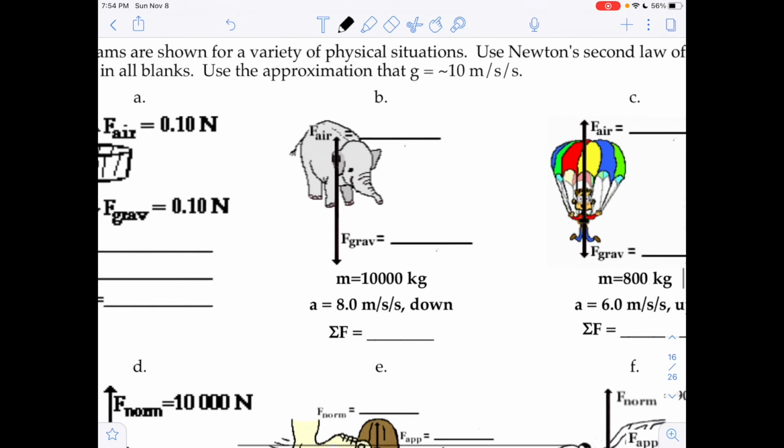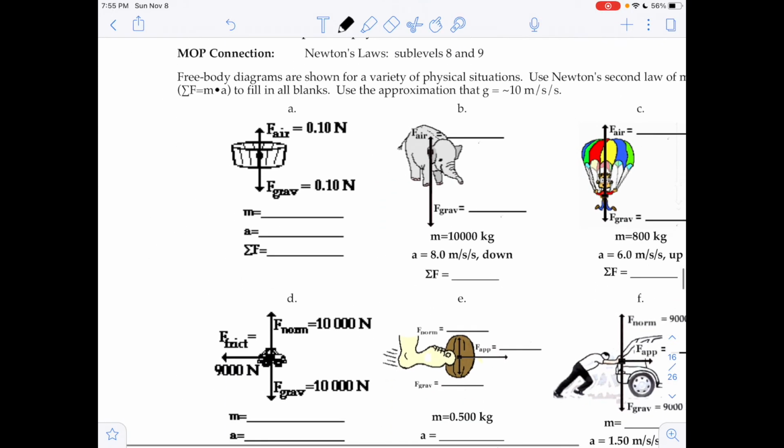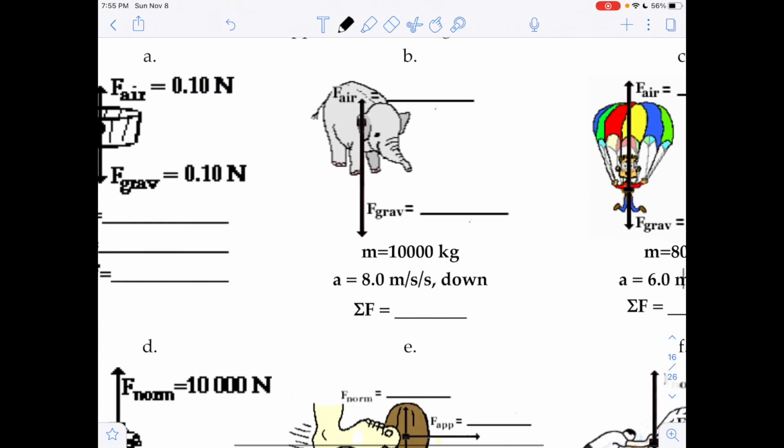So let's start with B. And this is a little bit different because for each one of these, they'll give you different information. So it just really depends on what they give you as far as what your path to solving these is going to be. So for example, here they give us the mass and the acceleration of the object.